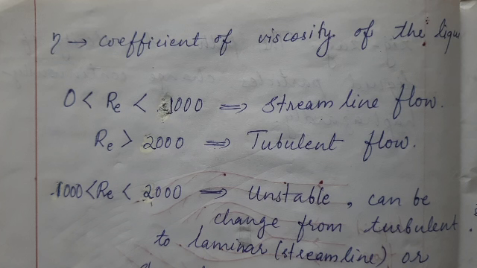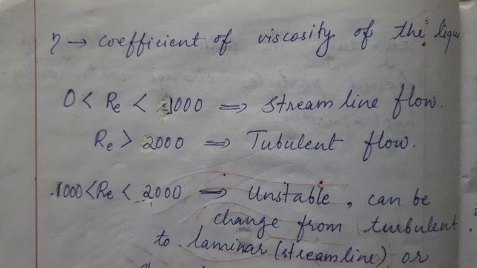For almost all liquids, this Reynolds number comes within the range from 0 up to some 2000. If this number is below 1000, the flow will be steady, that is a streamline flow.